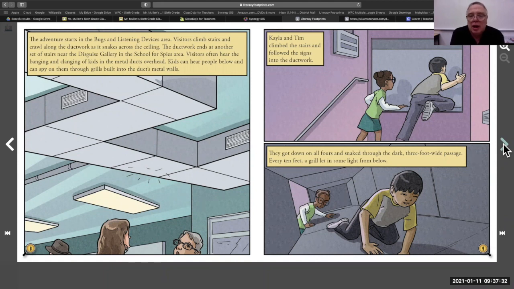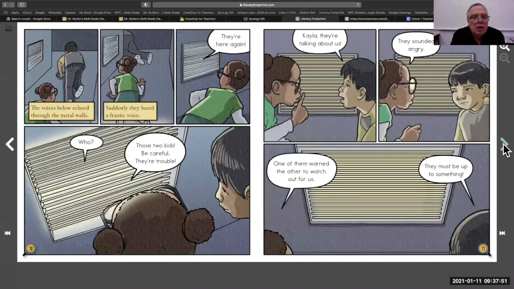Kayla and Tim climbed the stairs and followed the signs into the ductwork. They got down on all fours and snaked through the dark, 3-foot wide passage. Every 10 feet, a grill let in some light from below. The voices below echoed through the metal walls.